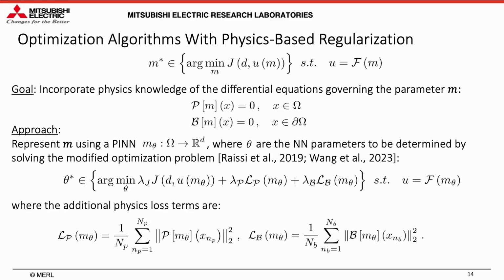And now the whole problem can be recast as a neural network weight estimation problem, where the weights theta now need to be computed in order to minimize the measurement mismatch loss J, plus the airflow PDE loss L of P, plus the boundary loss LB. And here you can see that we lifted the hard constraints on P and B into the objective, resulting in a multi-objective or multi-loss problem.